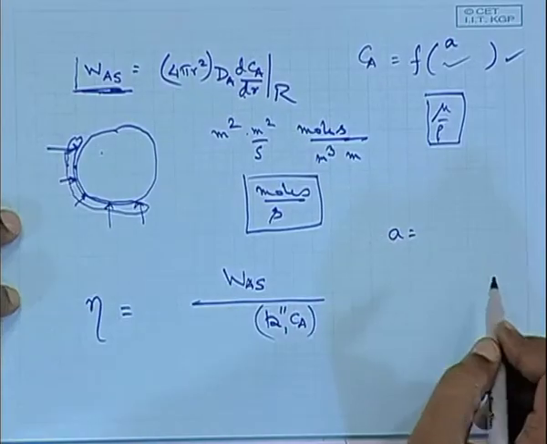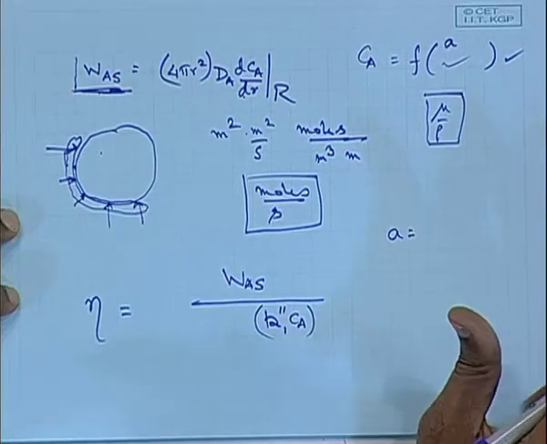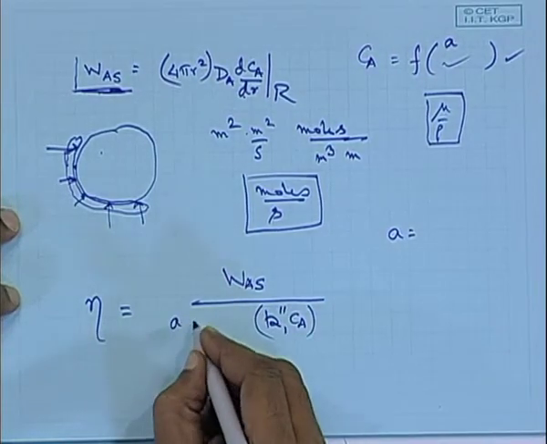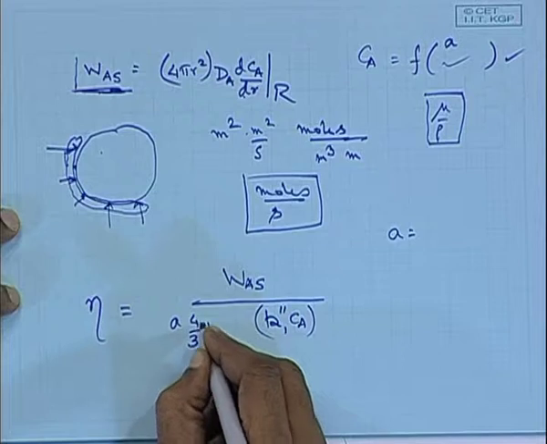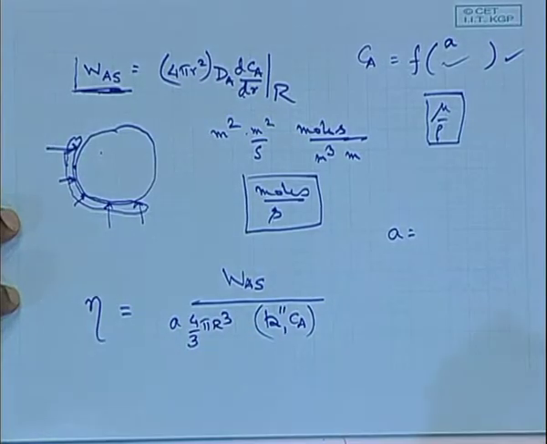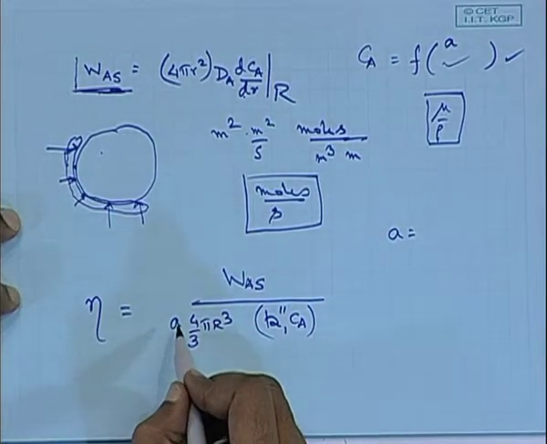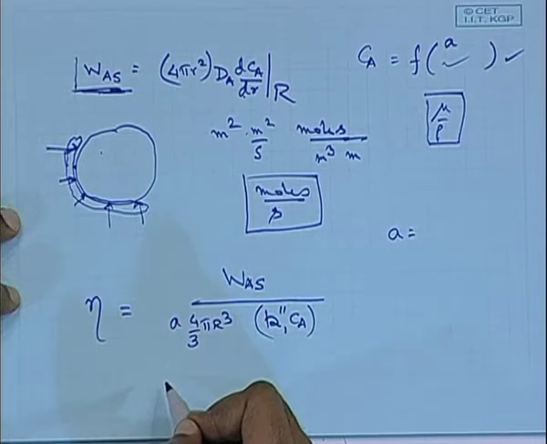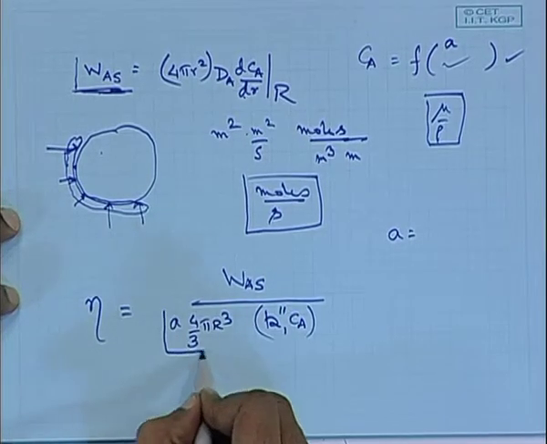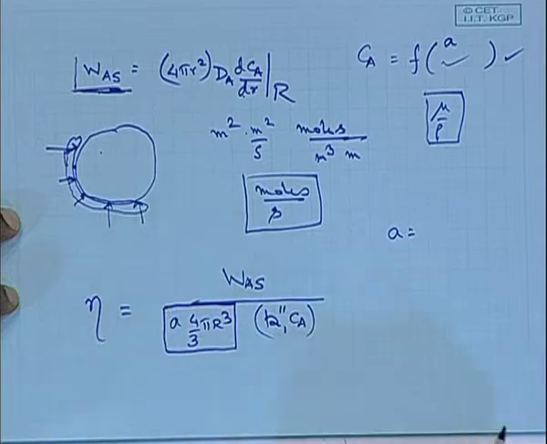No, the A is defined per unit volume. So A into 4/3 pi r cube, because this is your surface area per unit volume. So this A times 4/3 pi r cube would give you the active surface area.